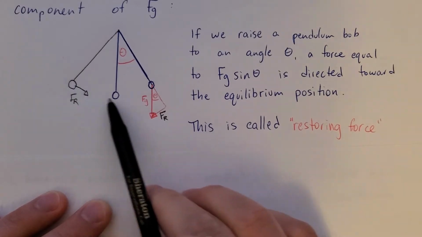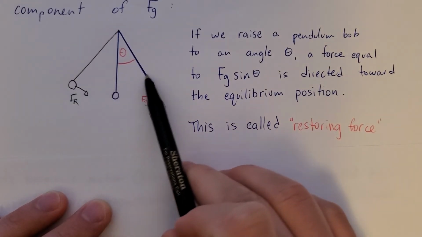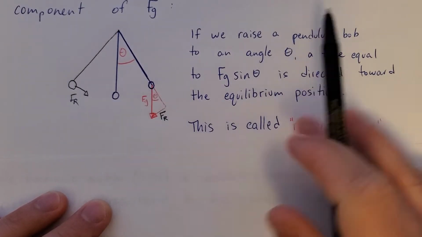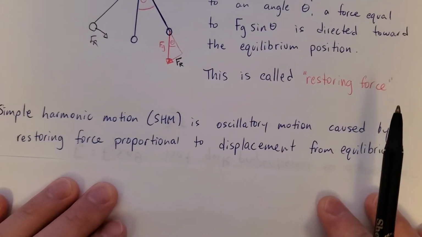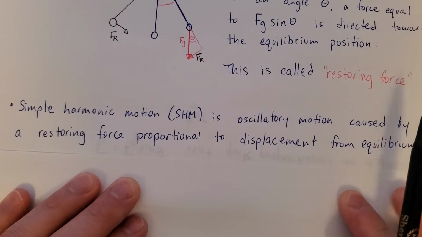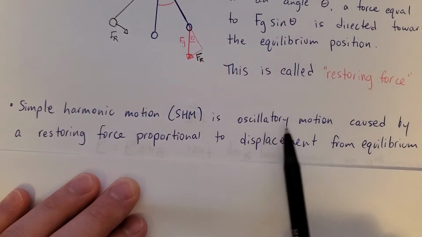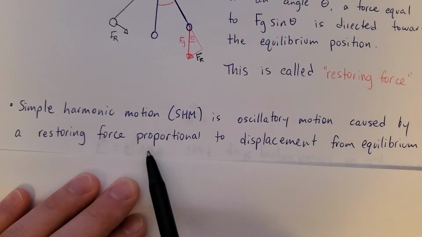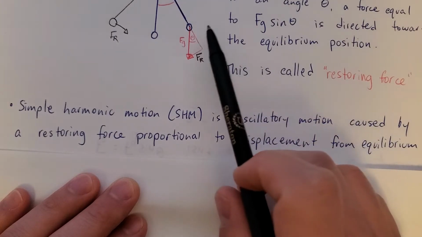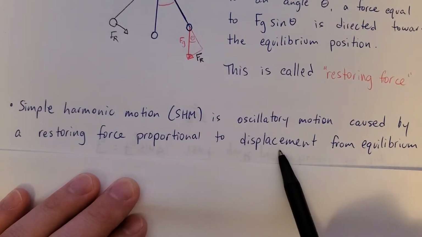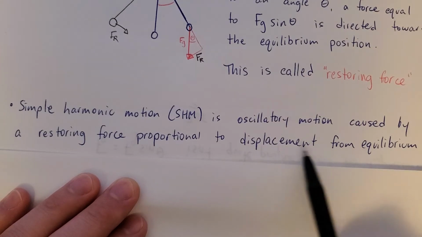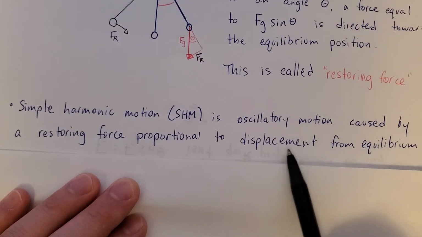So this is what causes simple harmonic motion: a restoring force that is proportional to displacement. This is the definition of simple harmonic motion. It's caused by a restoring force, a force pulling something back to its equilibrium position. It has to be proportional to the displacement from equilibrium. We'll get into that on the next page.